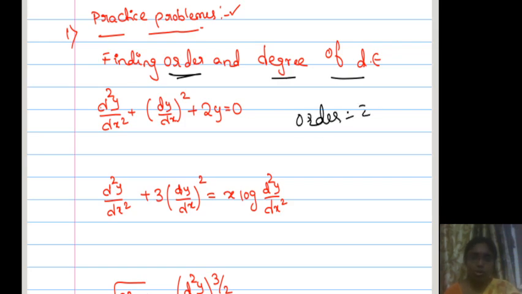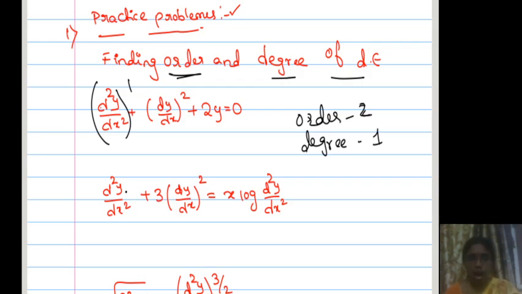The order is 2. And what is the power of the highest derivative? 1. So don't confuse, here the highest power is 2, madam. But for which are we looking at the highest power? The power of the highest derivative. What is the highest derivative? 2. For that the power is 1. That's why the degree is 1 here. Understood? Yes. You have to think like that in the exam.